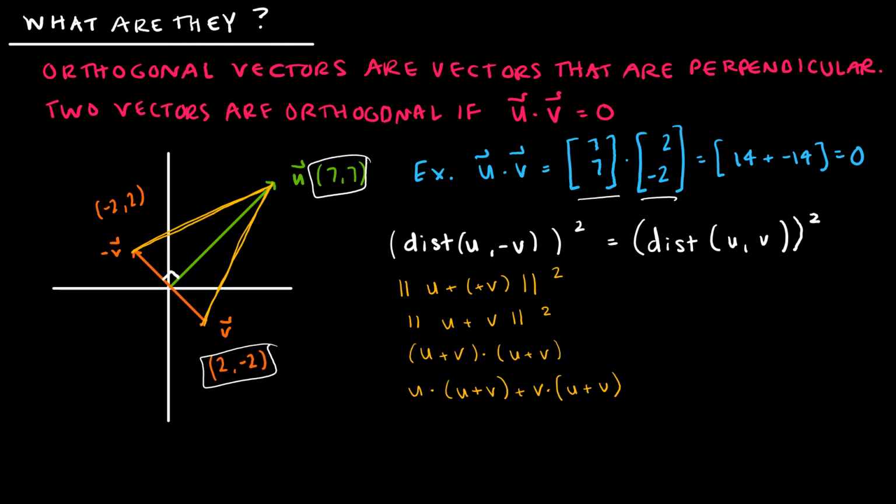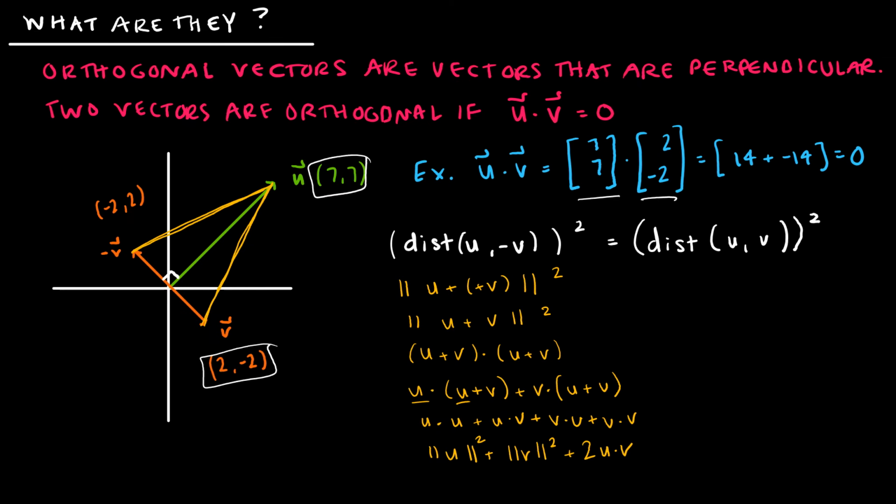And again, doing a little bit more of our properties, we've got u and u here, so I can say the inner product of u and u, plus the inner product of u and v, plus the inner product of v and u, plus the inner product of v and v, which is essentially the length of u squared plus the length of v squared plus 2 u inner product v.